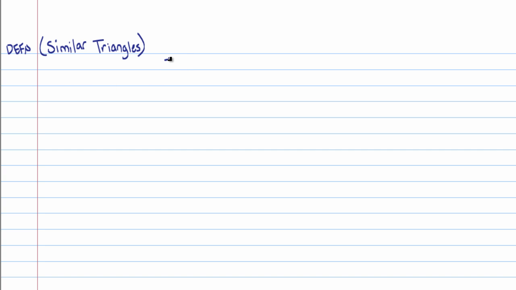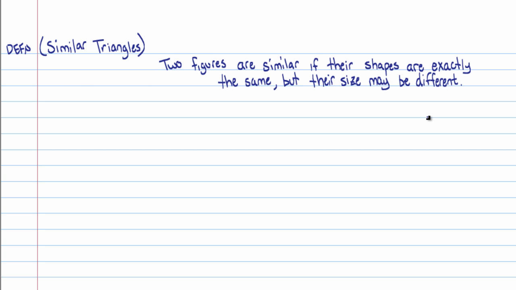Two figures are similar if their shapes are exactly the same, but their size may actually be different. So one might be 3 times the size of the other, but they have the same exact shape. A good example of this is like a stick figure.